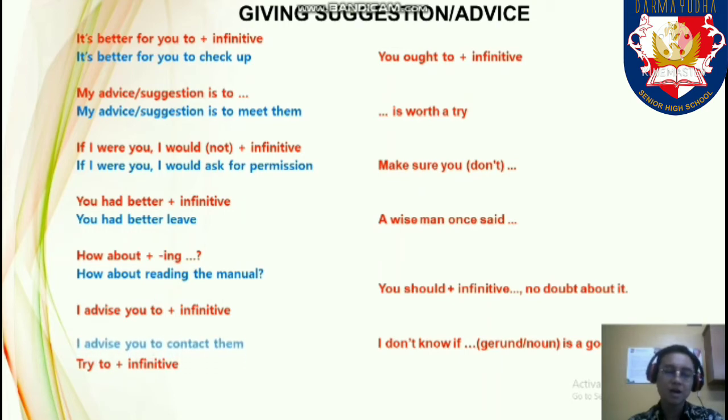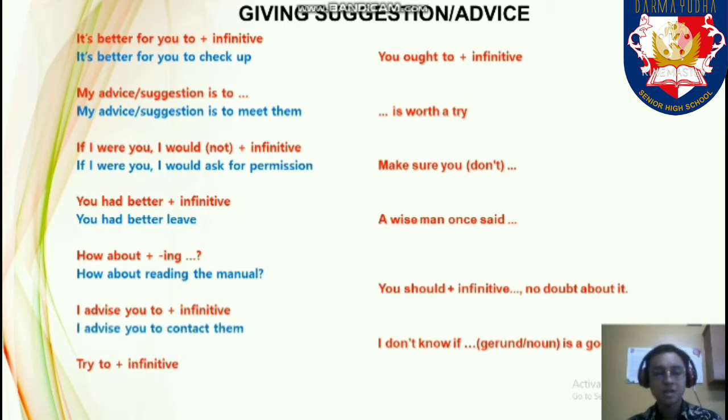And then the next one, the structure is I advise you to plus infinitive. For example, I advise you to contact them. The next one, try to plus infinitive. For example, try to leave no trace. Okay, and then the next one, you ought to plus infinitive.